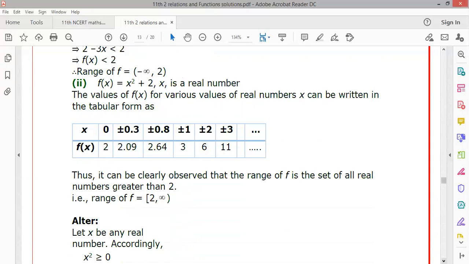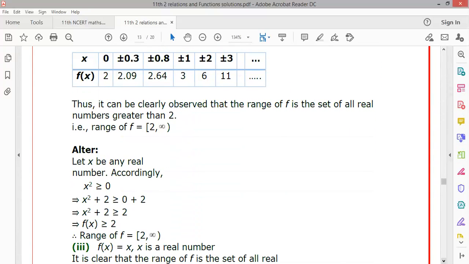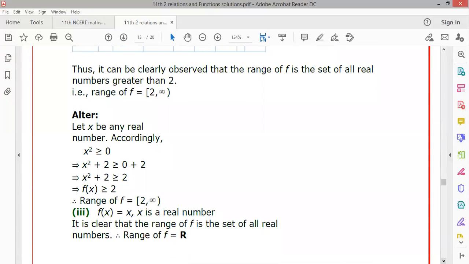Part number two of this, once again, we have solved it. Let's see it by the alternate method. Let x be any real value. x square will be greater than or equal to 0. You know that the square of any real number is greater than or equal to 0. If you add 2, you get 0 plus 2, so x square plus 2 is greater than or equal to 2.